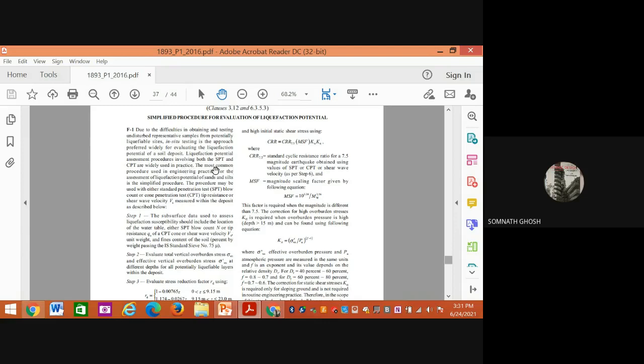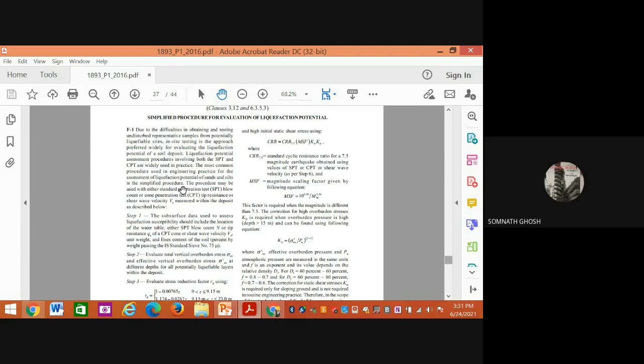The most common procedure used in engineering practice for the assessment of liquefaction potential of sand and silt. Okay, these two are important, sand and silts. It is the simplified method. That is, they said that till today we are accepting that.